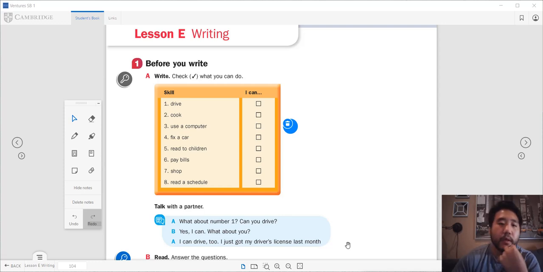Here in the first column we have skills, such as driving, cooking, using a computer, fixing a car, reading to children, paying bills, shopping, and finally reading a schedule.